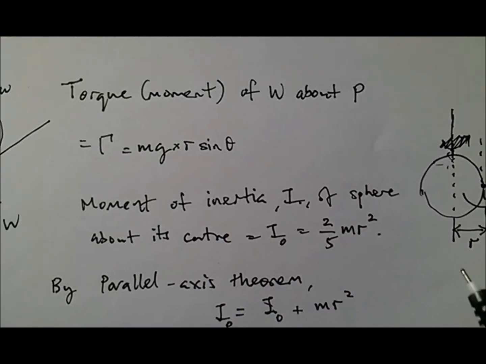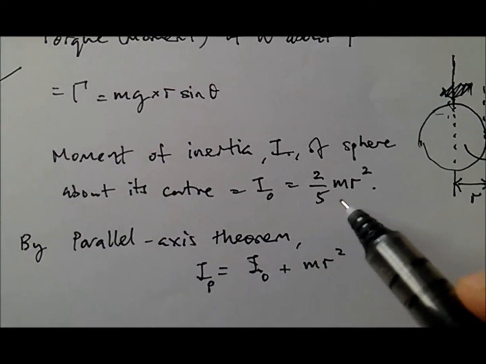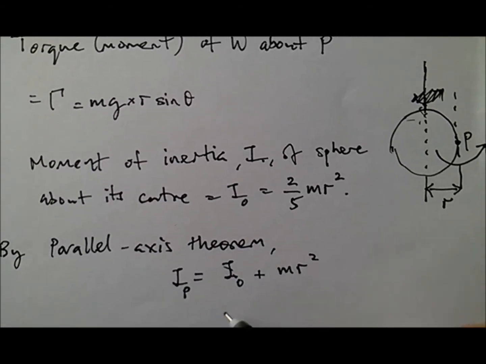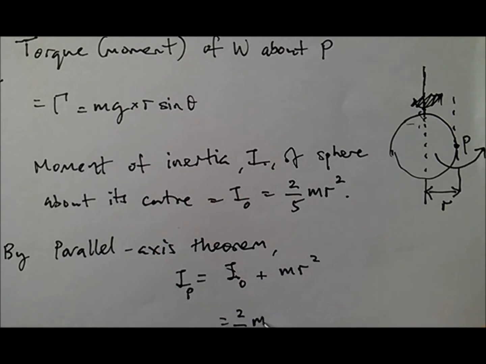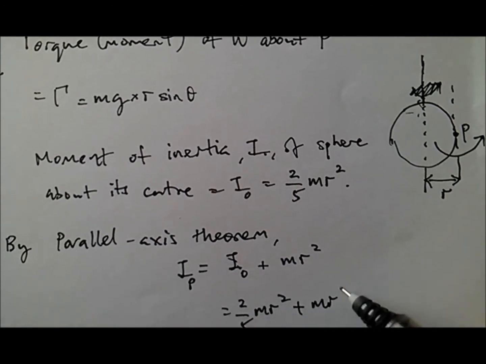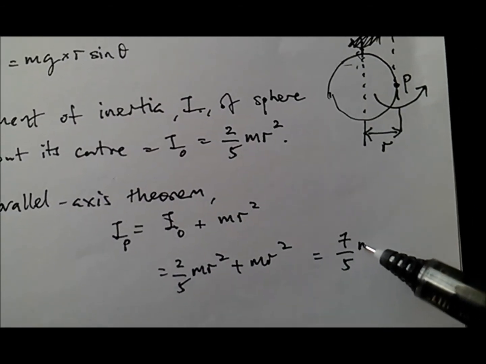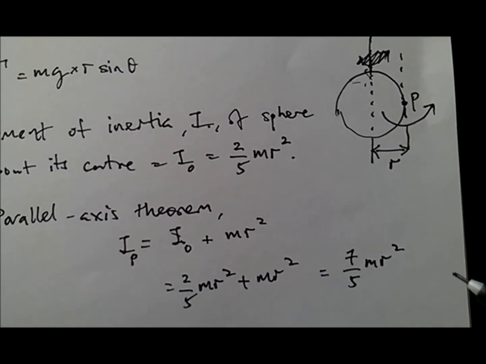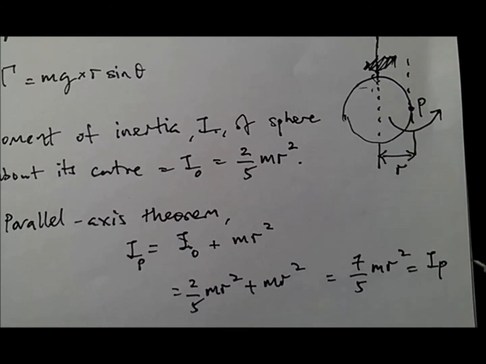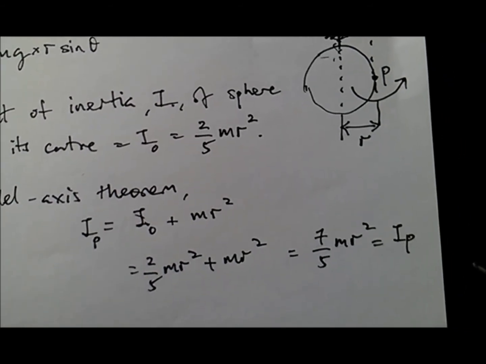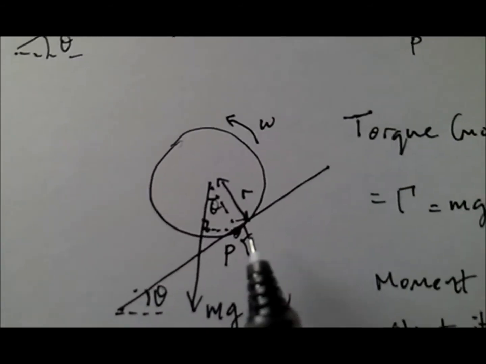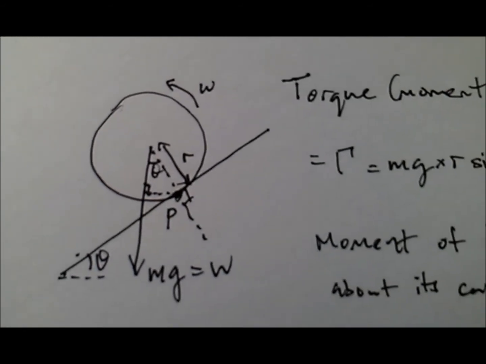We know this moment of inertia is 2/5 mr squared, so plus mr squared, we get 7/5 mr squared for the moment of inertia of the sphere about point P.